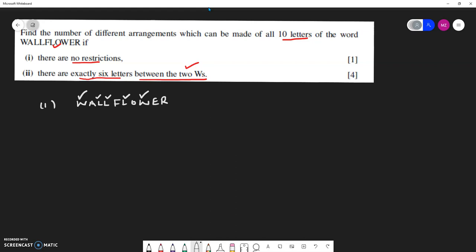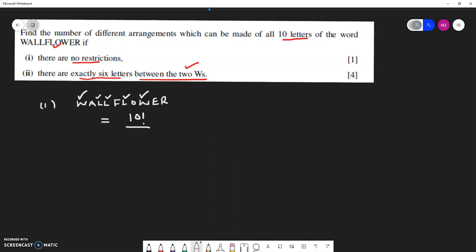So the number of required permutations or arrangements can be found by taking the factorial of the total number of letters in this word, which is 10. So 10 factorial, and then we need to divide it by the number of repeating elements.